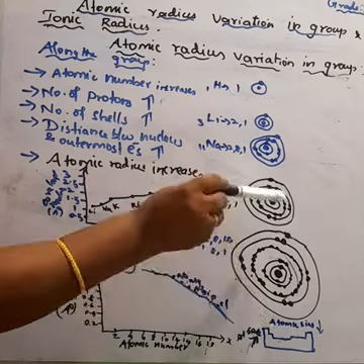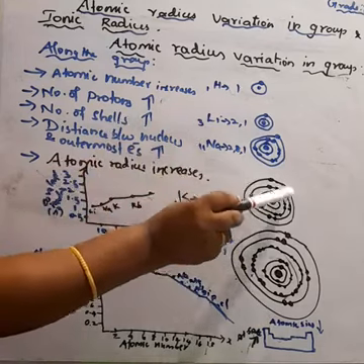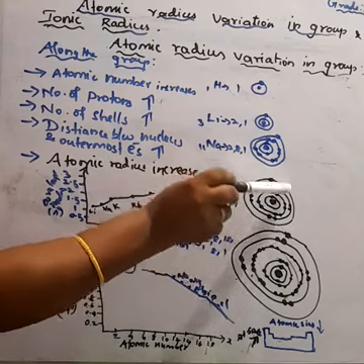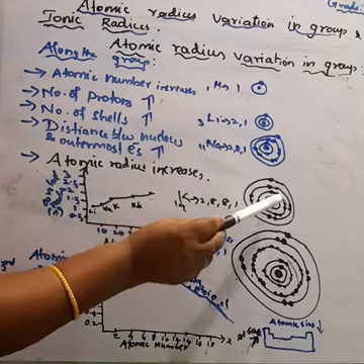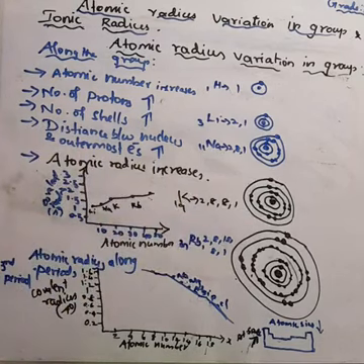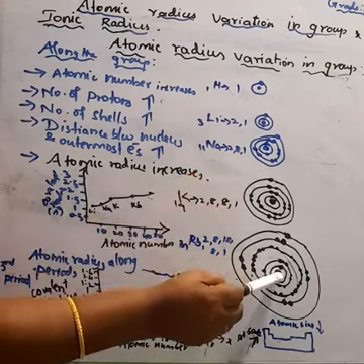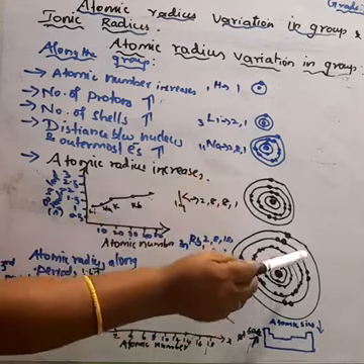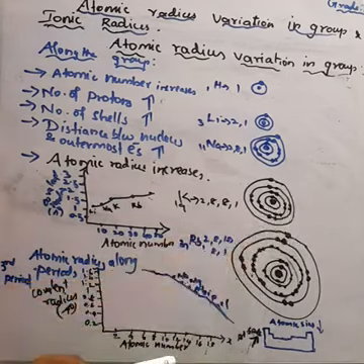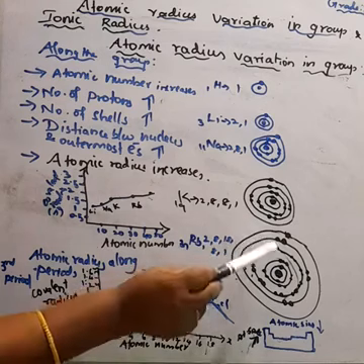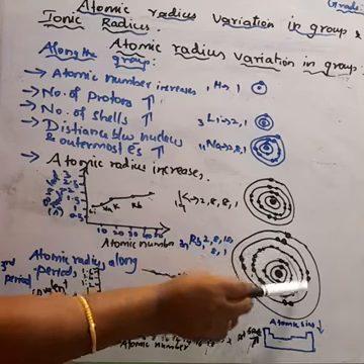So over the increase in nuclear charge, the increase in the number of shells successfully overrides the nuclear charge. Understood? When the number of shells increases, the distance between the outermost shell and the nucleus increases. When the distance increases, the electrons are loosely bound, so the screening effect also takes place here.